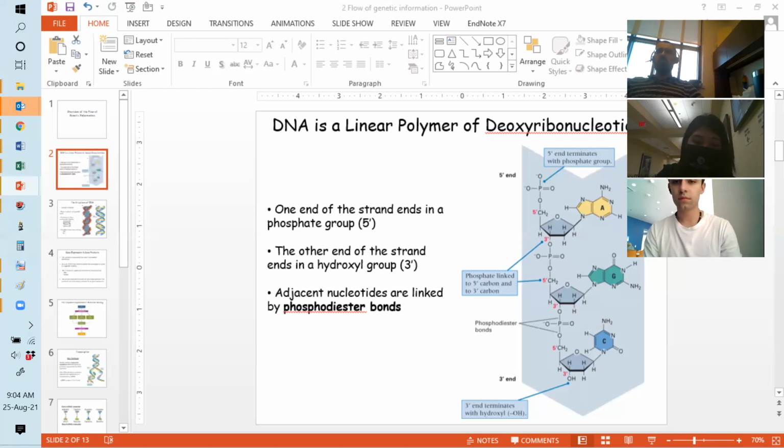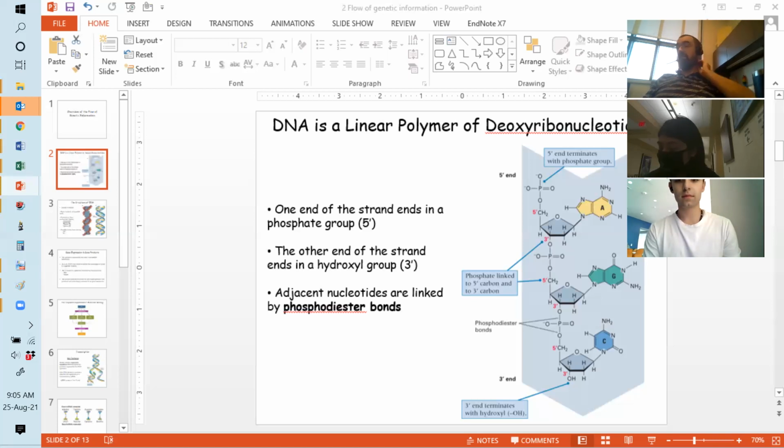Bit of recap, see if anybody remembers that from prior stuff. Yeah, that's a good one. Uracil. So what does uracil replace? What's its equivalent in DNA? Thymine. Yeah, that's it. I always remember because it's like a herb, like thyme.